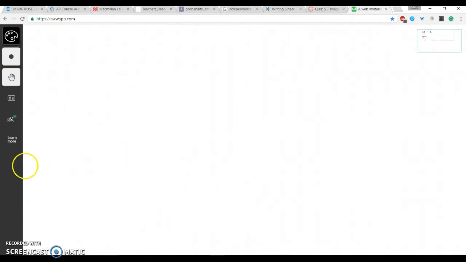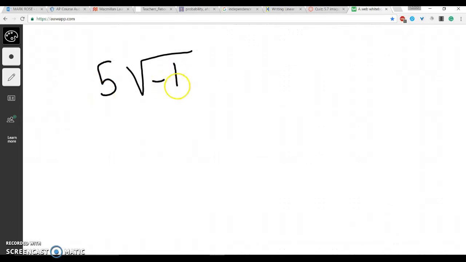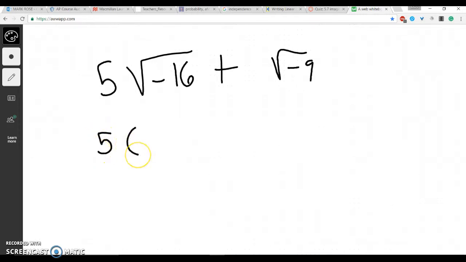So then let's see, once we start doing other kinds of things, like trying to add different numbers. So let's say we were given this. If I was given this, the first thing that I'm going to do is simplify everything that I can, which then I'm going to have 5 times 4i plus 3i.